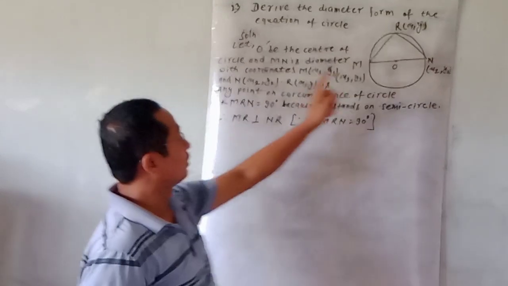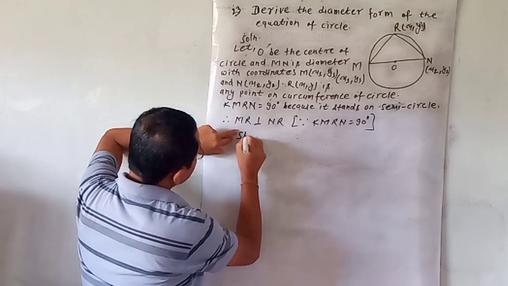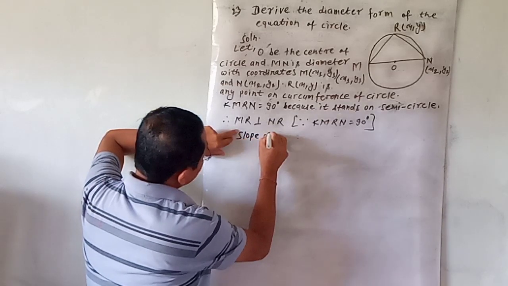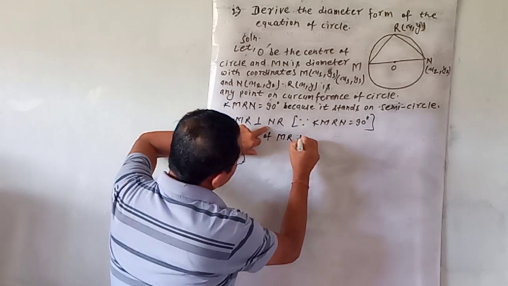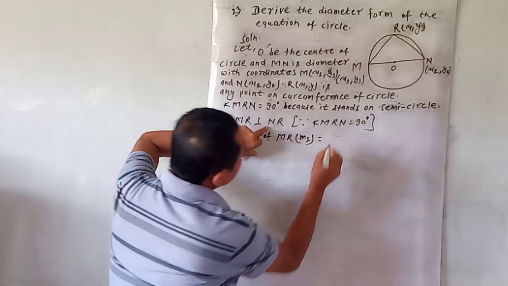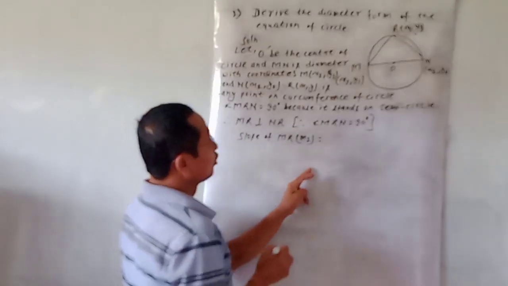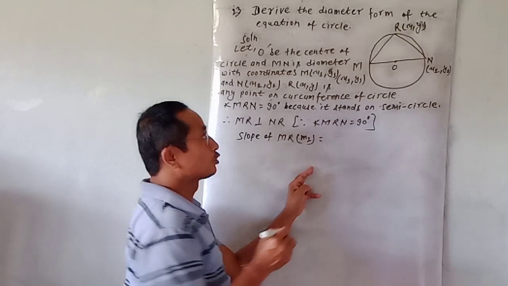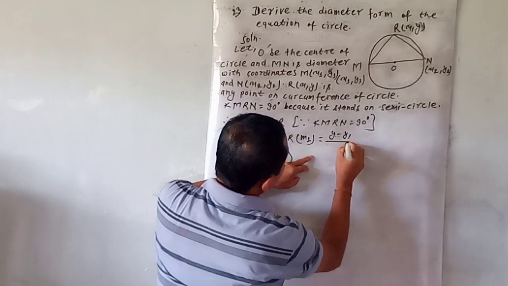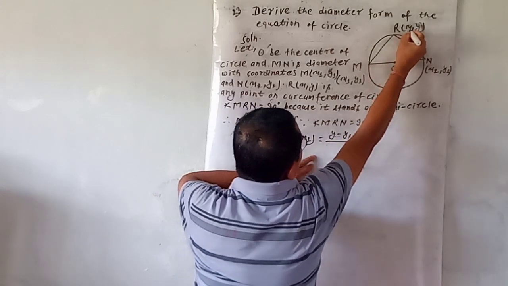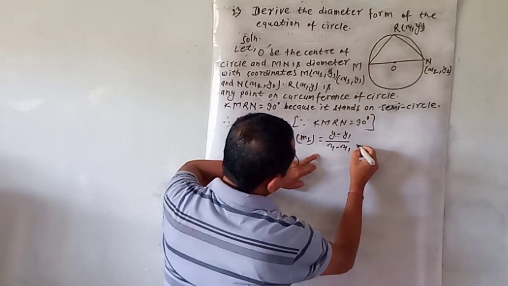Now we have to find the slope of MR. Let this be M1. The slope formula is (y2 minus y1) by (x2 minus x1). So the slope of MR is (y minus y1) by (x minus x1).